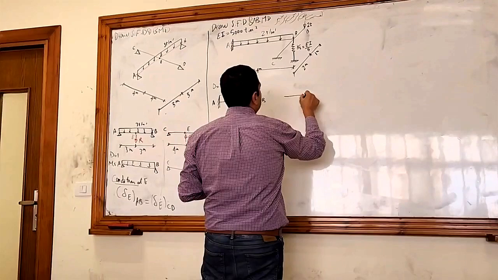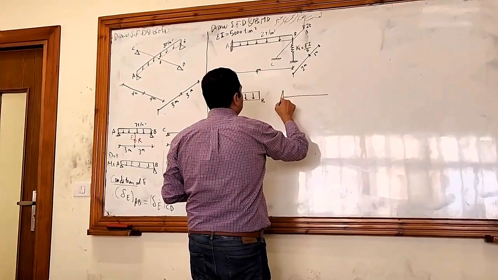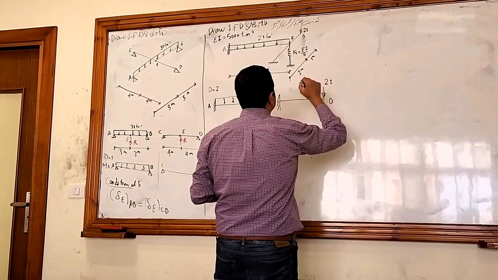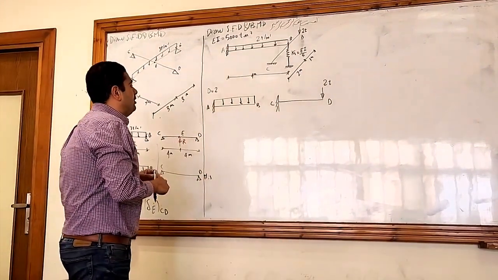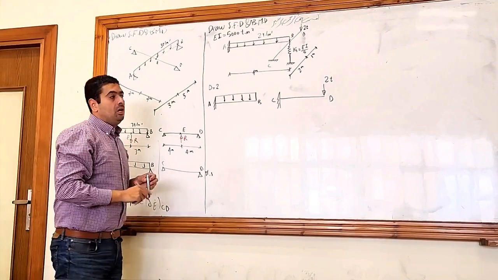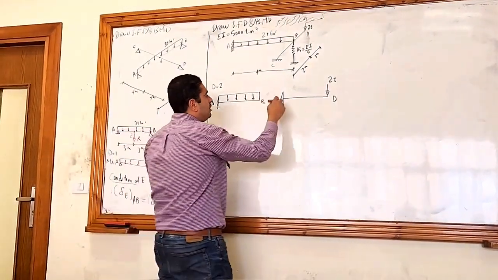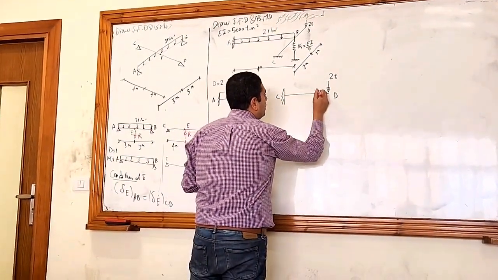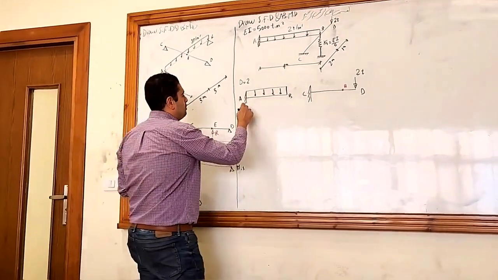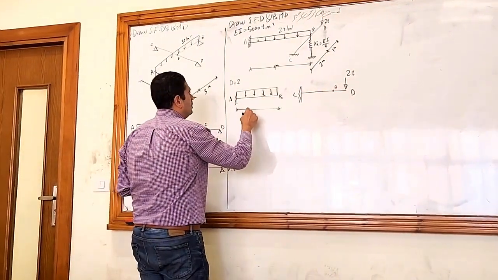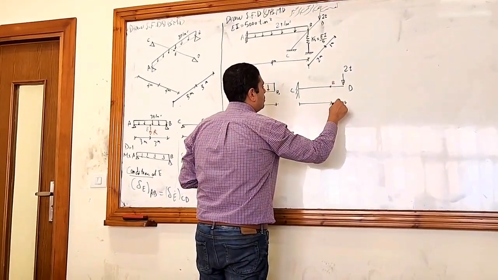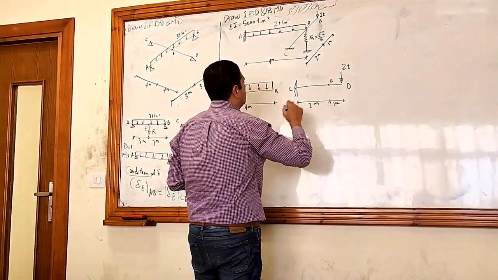The other part, another cantilever CD, has only a vertical force at D. Take care, the intersecting point here is on the edge, B, but here the intersection point B is not on the edge. Just take care of that. The span here is 4 meters, and here the span is 3 meters.